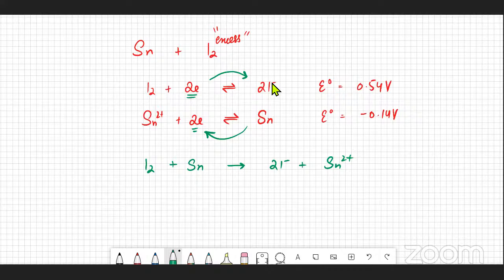अब इसके बाद क्या करना है? What you're getting is Sn2 plus. So there is Sn2 plus that is formed, and I'm saying that there is excess iodine. तो इसका मतलब है iodine अभी भी बचा हुआ है.